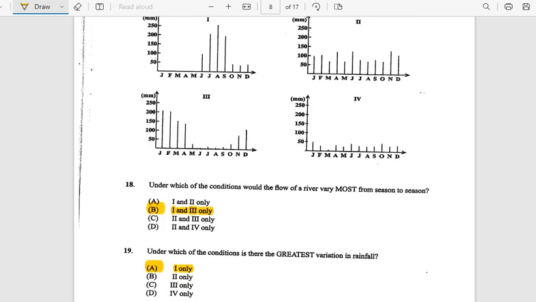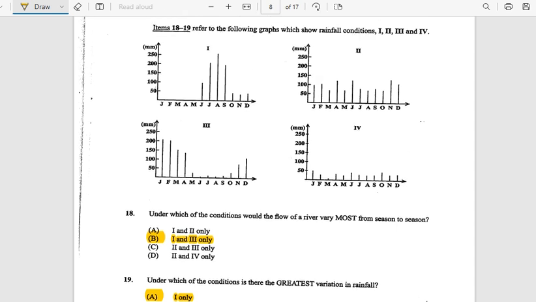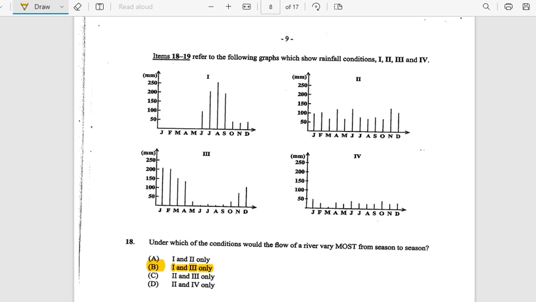All right, number 18. Under which of the following conditions would the flow of the river vary most from season to season? So let's check it. For this one, we have January, February, March, April, then May, June, July, August, September, October, November, and December. So let's see. In August, we have a range of 250.